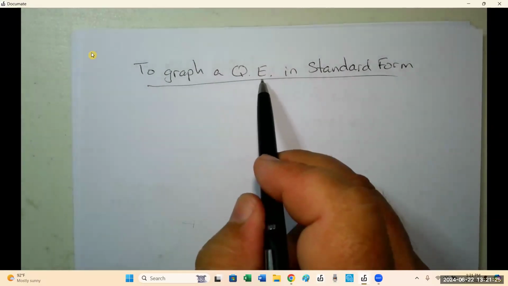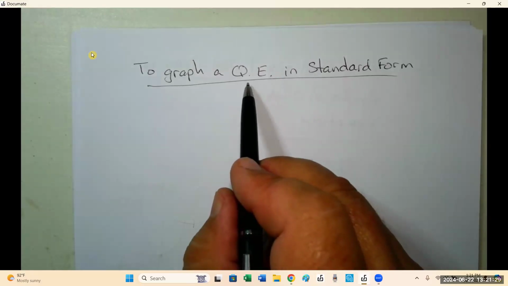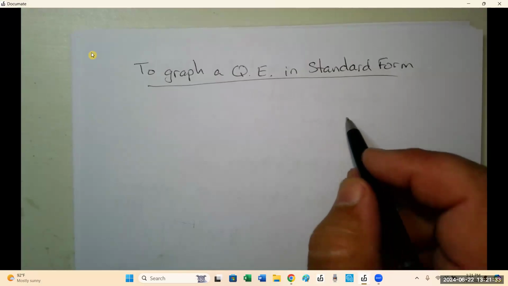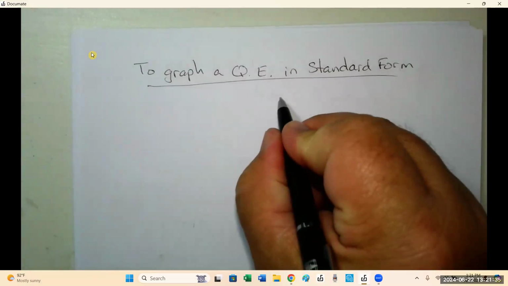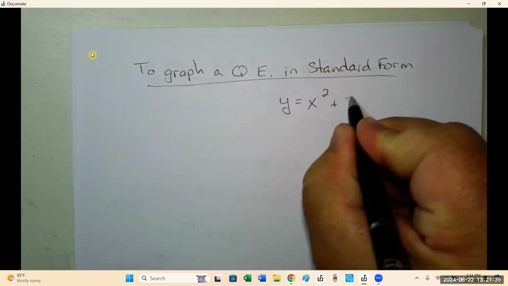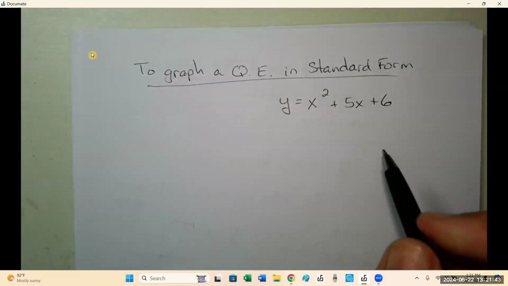Remember, a quadratic equation is ax squared plus bx plus c. Standard form is equal to 0. So for example, if we had y equals x squared plus 5x plus 6, that's a quadratic equation.